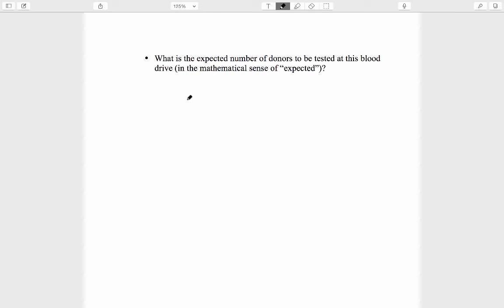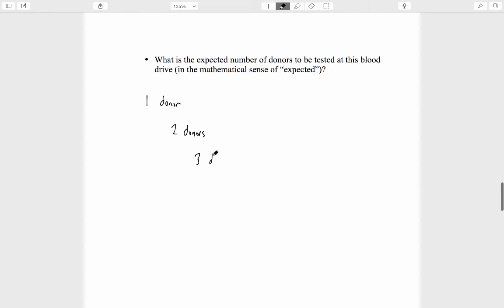But there could not possibly be more than 5 donors tested at this blood drive, because it has been set up so that it ends after the 5th donor, if it even gets that far. There could be 1 donor, there could be 2 donors, there could be 3 donors, that's the one we just found the probability for.